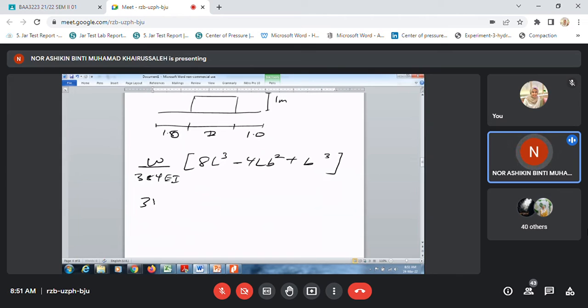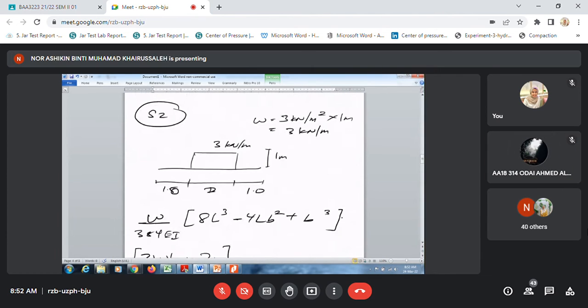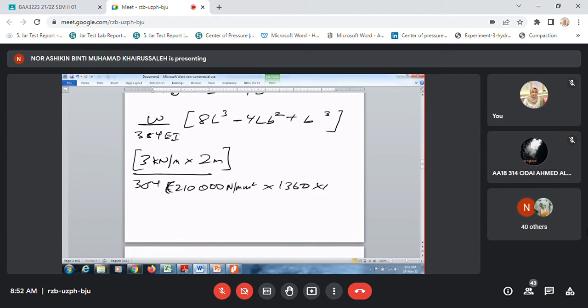So 3 kilonewton per meter times 2 meter, divided by 384 E, 210,000 Newton per millimeter square, times the I 1360, right? Yes, doctor. Times 10 power 4 millimeter power 4. Okay. Times 8L squared.